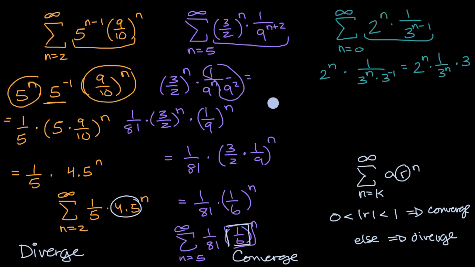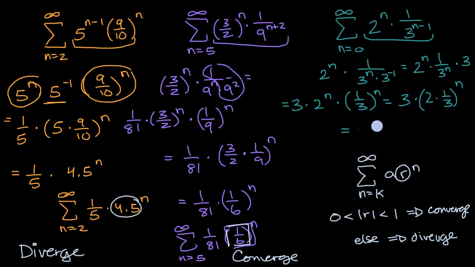I'll put the 3 out front: 3 times 2 to the n times, and 1 over 3 to the n is the same thing as 1/3 to the nth power. So this is going to be equal to 3 times 2 times 1/3, all of that to the nth power.